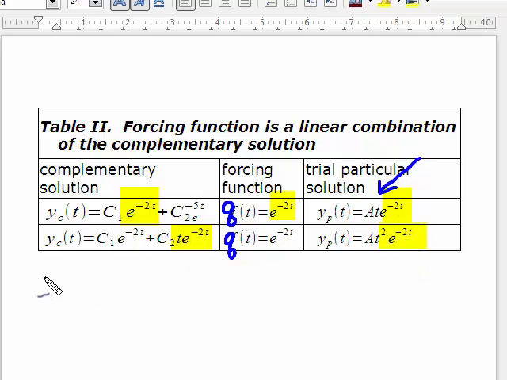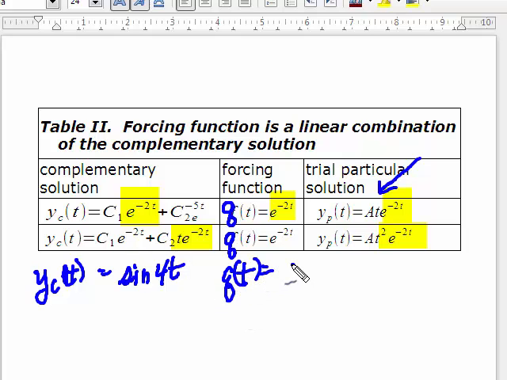The same is true if, say, the complementary solution is sine of, I don't know, 4t, and the forcing function is 12 sine of 4t.